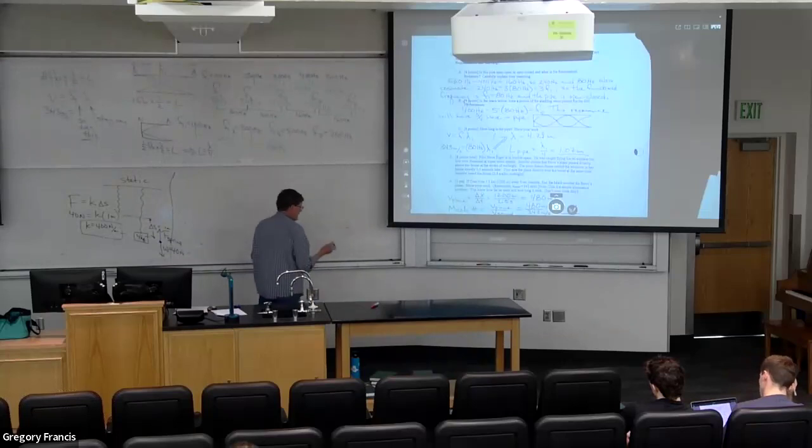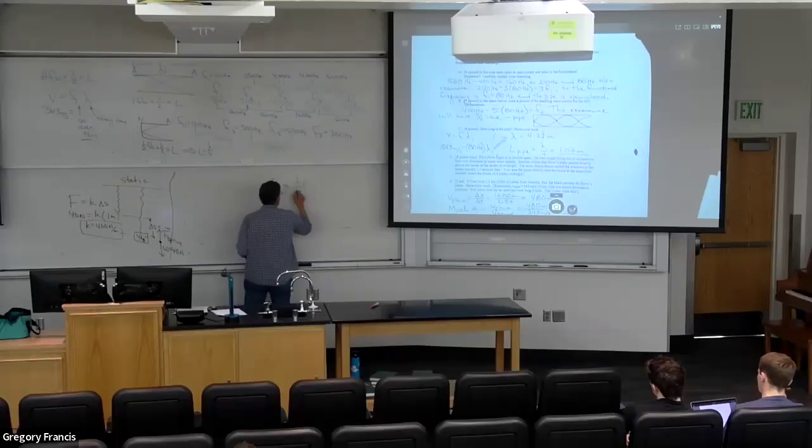So for the fifth harmonic, I have 5 halves footballs times lambda over 2 is equal to the length of the pipe. And that tells me that the length of the pipe is going to be equal to 4/5 times lambda 5.